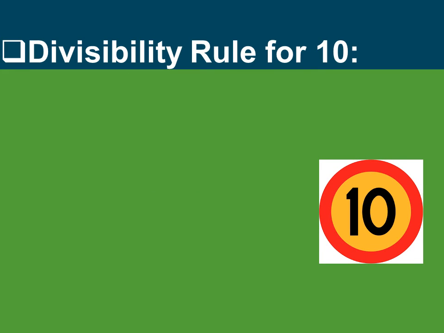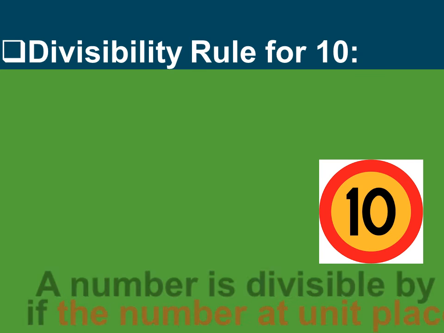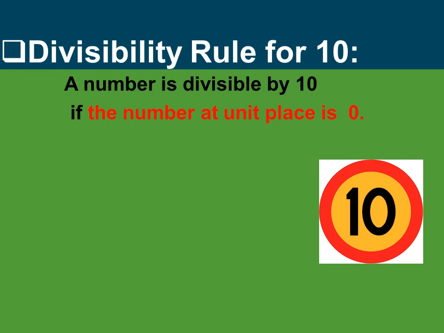Now dear students, we will learn about the divisibility rule for 10. Let's see what will be the rule for divisibility of a given number for 10. Yes, a number is divisible by 10 if the number at unit place or at ones place or the last digit is 0.